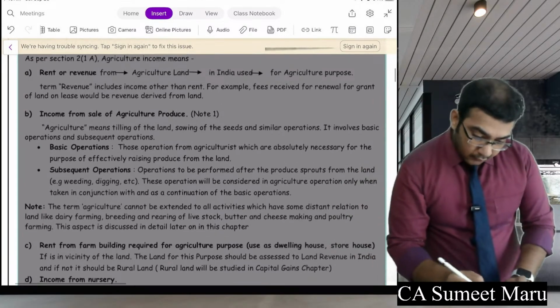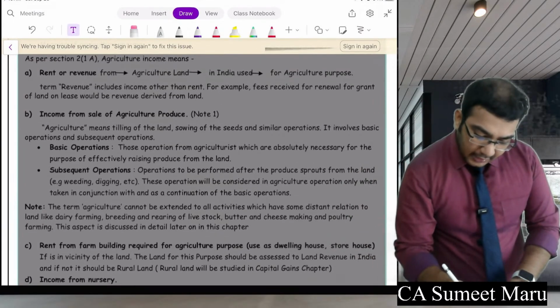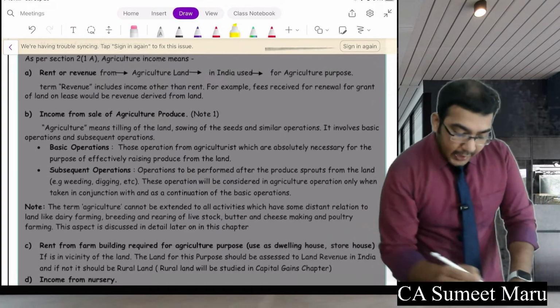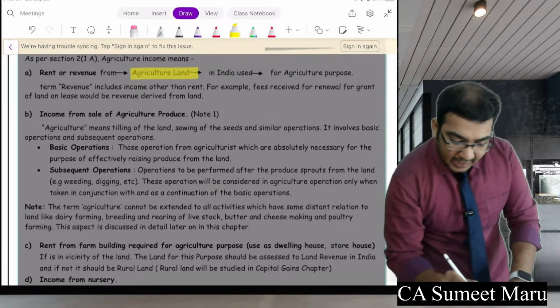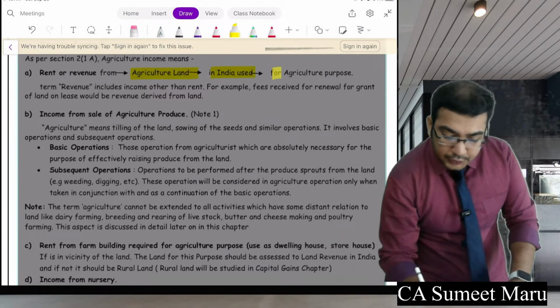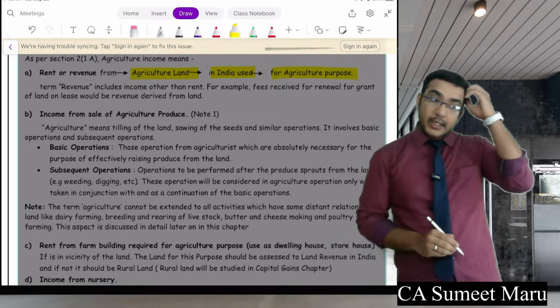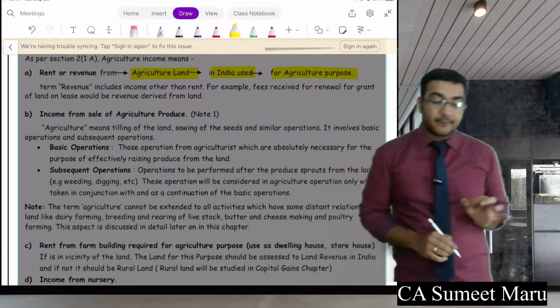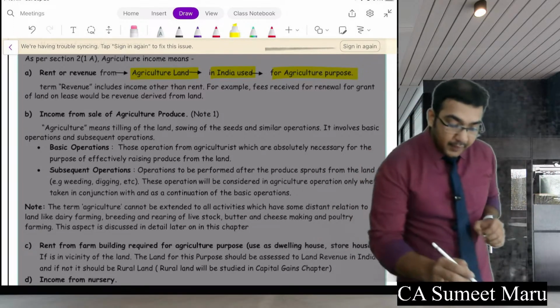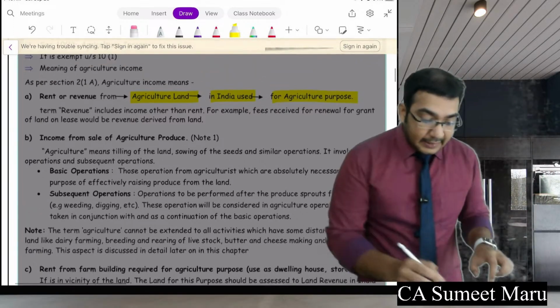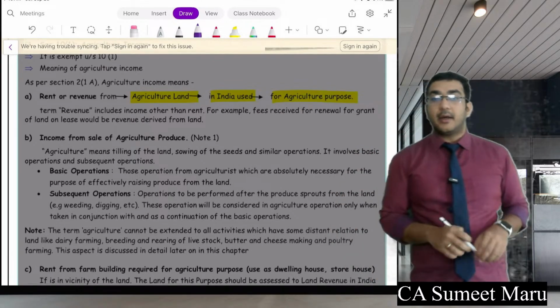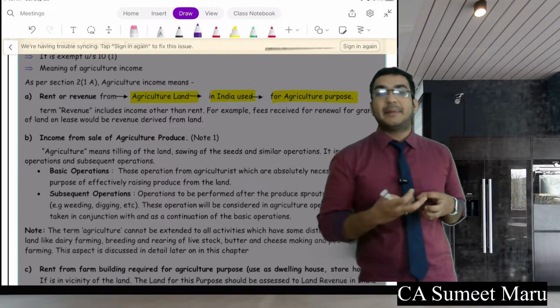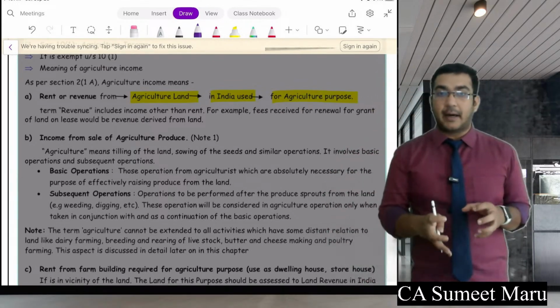Now, when will income be considered as agriculture income? Whenever income is from agriculture land in India used for agriculture purpose, it will be known as agriculture income. It has different parts.